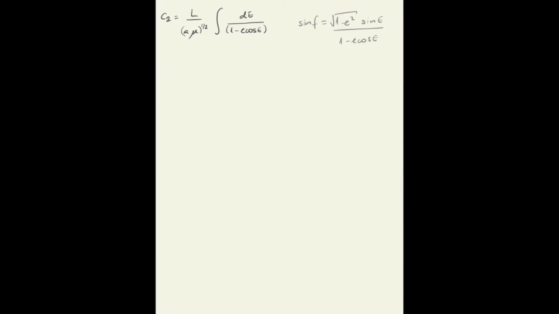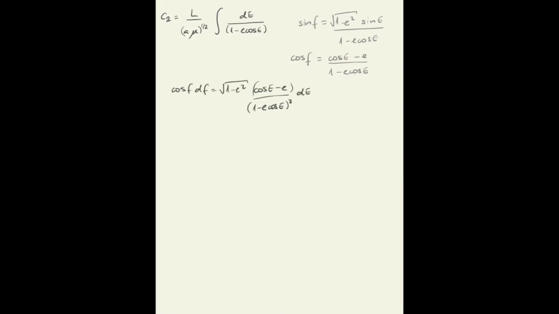We have this expression for the sine of the true anomaly and another expression for the cosine of the true anomaly. Now, if we take the derivative of the first expression, the one for the sine, then we have cosine of f df, and use the quotient rule on this.